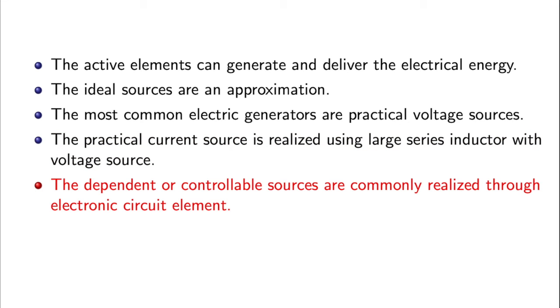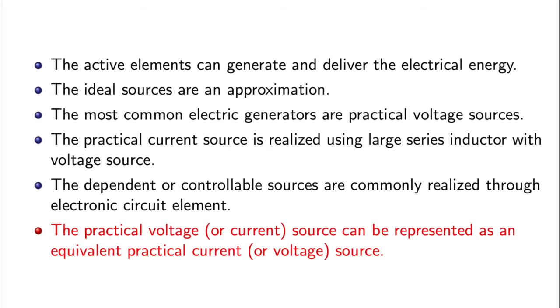The dependent or controlled sources are commonly realized through electronic circuit elements. And lastly, a practical voltage source can be represented as an equivalent practical current source, or a practical current source can be represented as an equivalent practical voltage source.